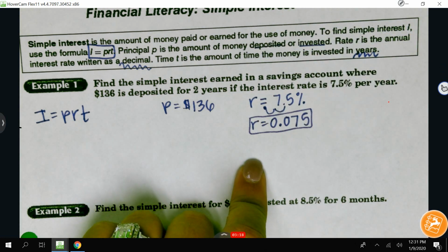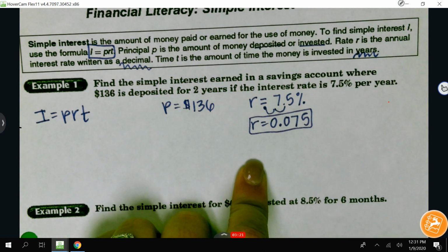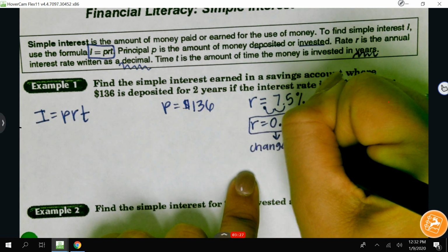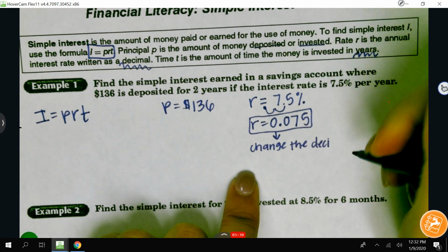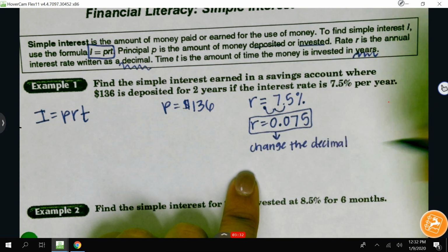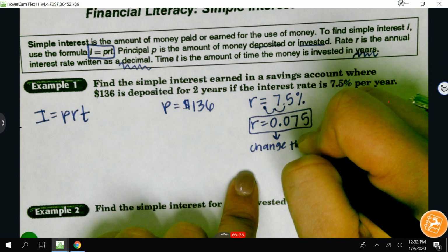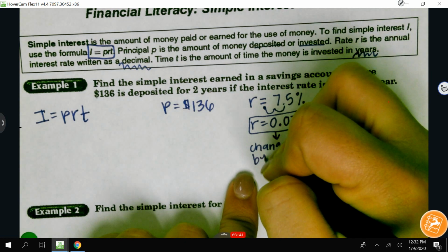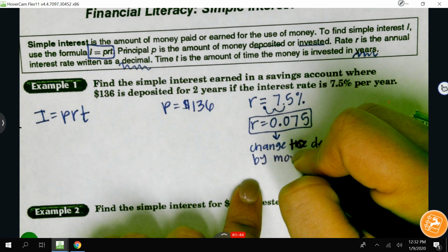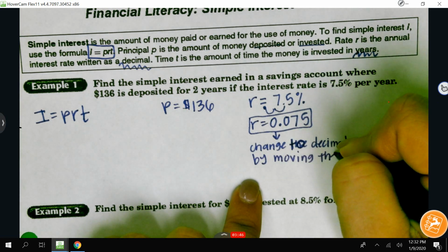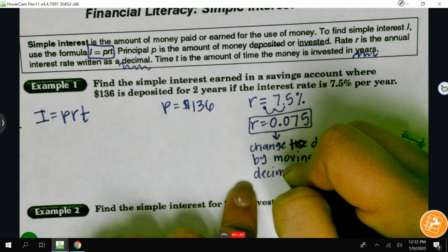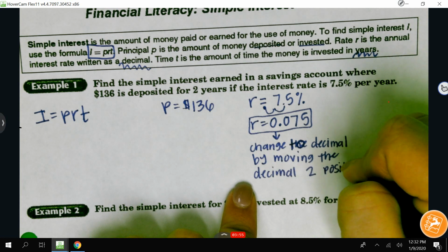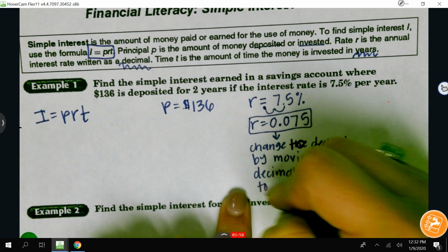Okay, and that's what you're going to use in your formula. Let's make a note of that so we don't forget. Change to decimal by moving the decimal two positions to the what direction?